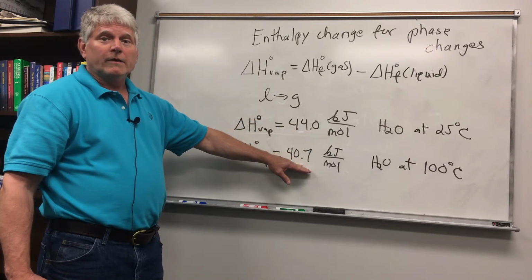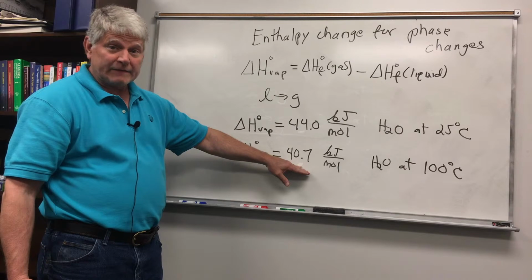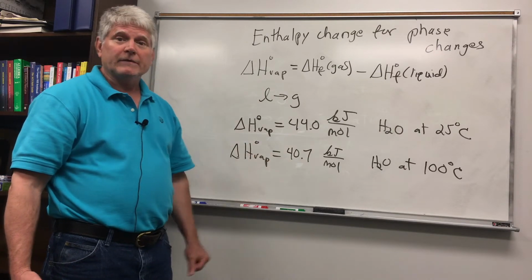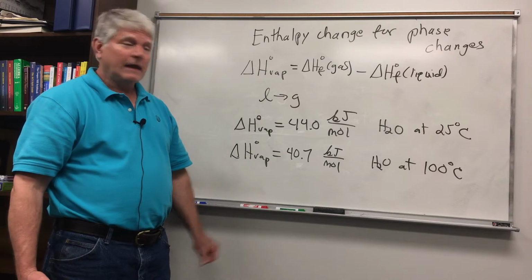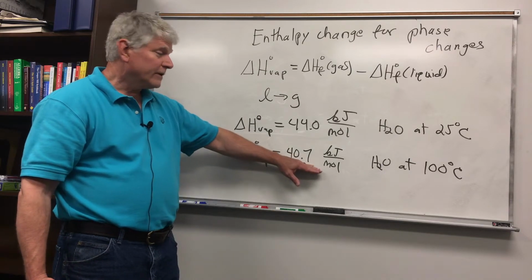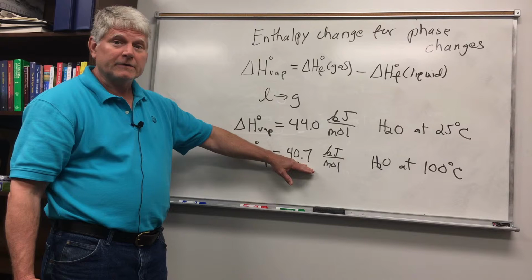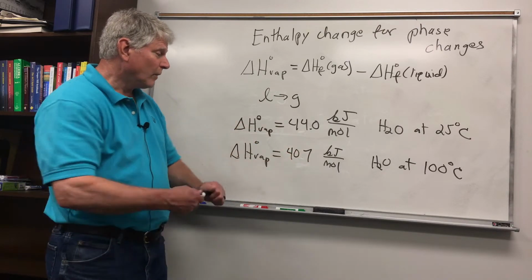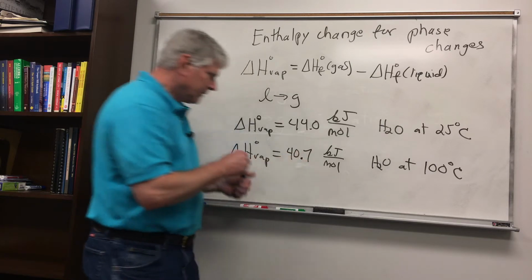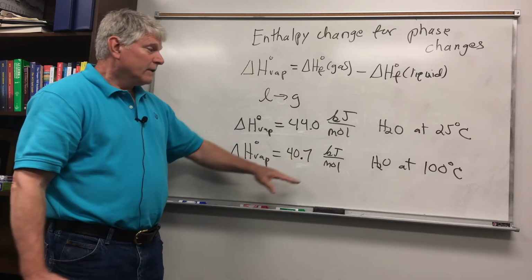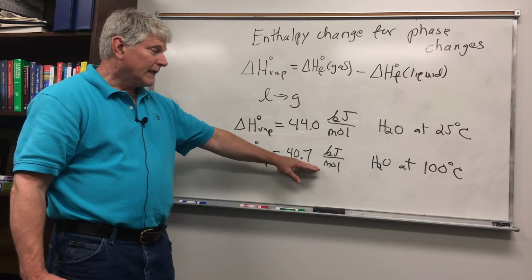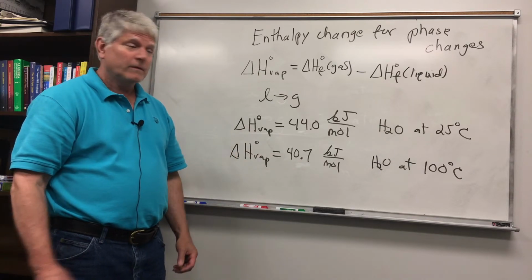So the water molecules are moving faster on average at the higher temperature. So they have a little more energy to break the intermolecular attractions between the water molecules, but it's still substantial, 40.7 kilojoules per mole to break free of the liquid surface and enter the gas phase for a water molecule.